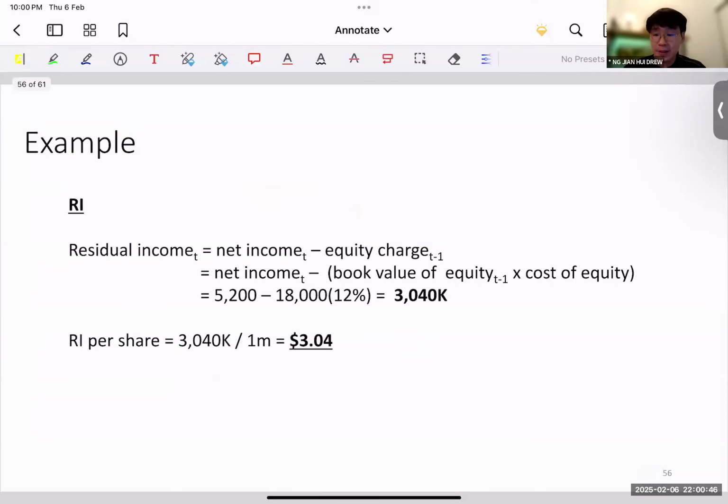Okay. Last but not least, we have your residual income. This one is not too difficult because the question has given you your cost of equity and book value of equity. Just take note this is T minus one, and your net income is this.